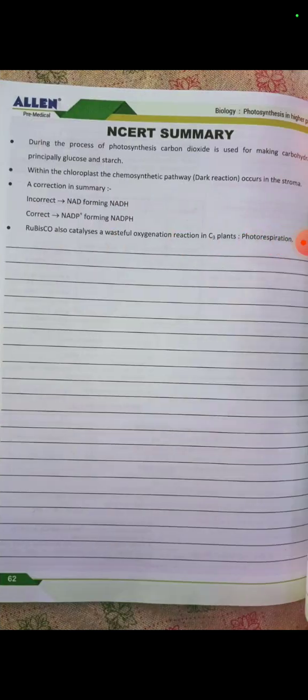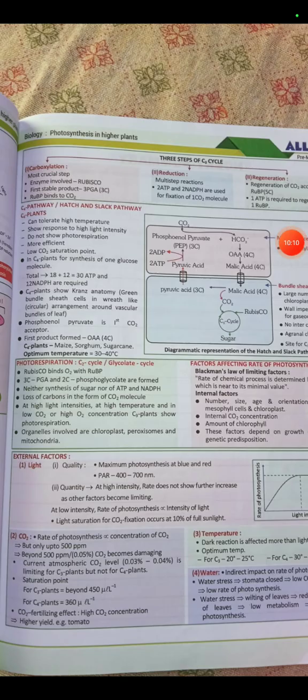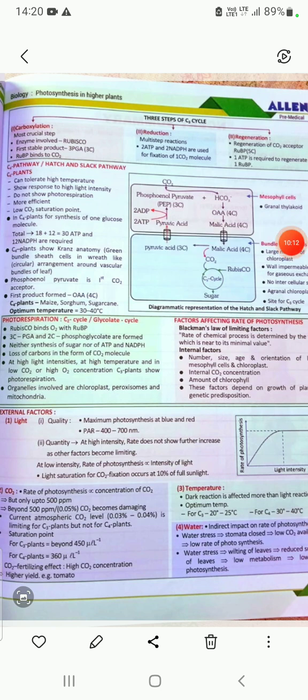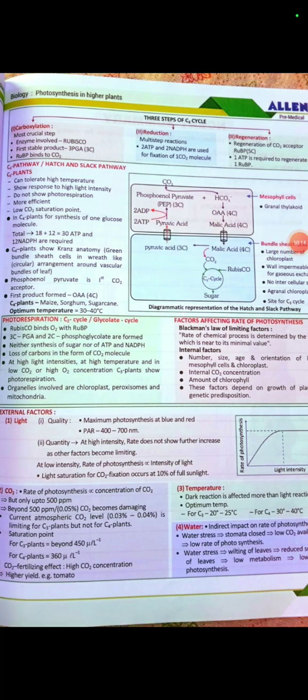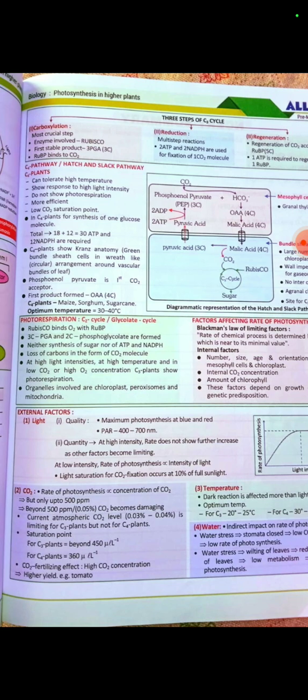Next we have the three steps of the C3 cycle. First is carboxylation, which is the most crucial step, and the enzyme involved is RuBisCO. The first stable product is 3-PGA, which is 3 carbon, and RuBisCO binds to CO2. Next is reduction.